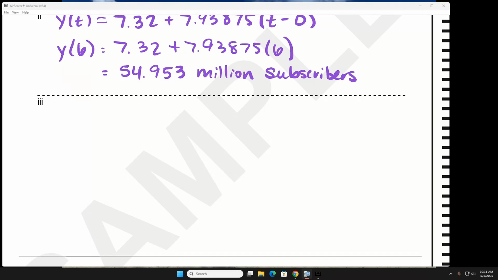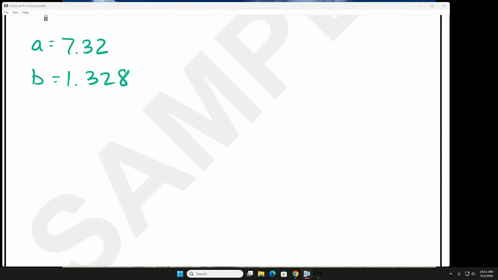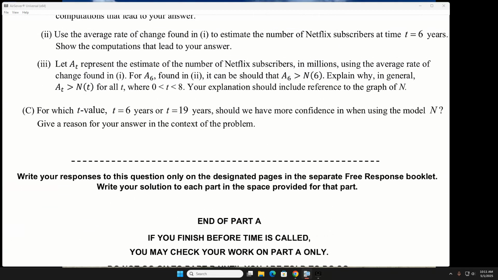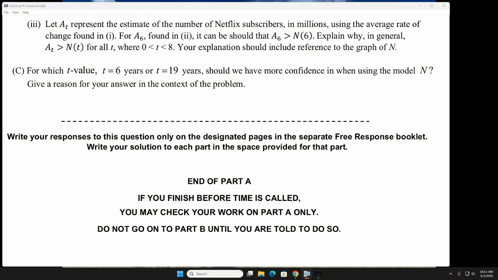All right, and then part 3 of the changes from question to question. So this one says to let A sub t represent the estimate of the number of Netflix users in millions using the average rate of change found in part 1.